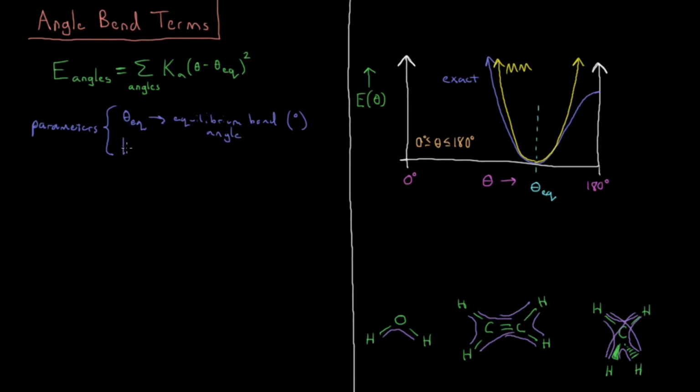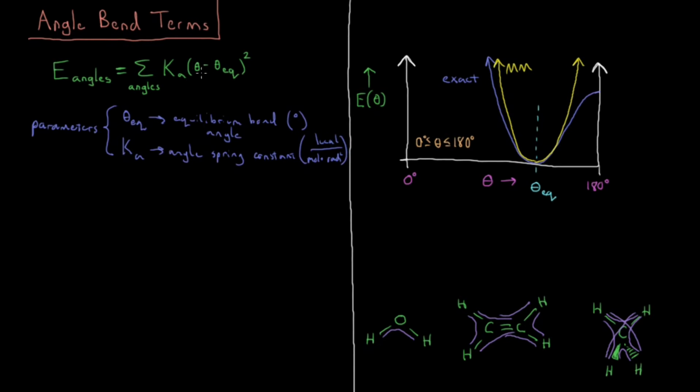We also have Ka, or perhaps K theta, which would be the angle spring constant or force constant. And that would be in kcal per mole, and typically this one is expressed in kcal per mole per radian squared.